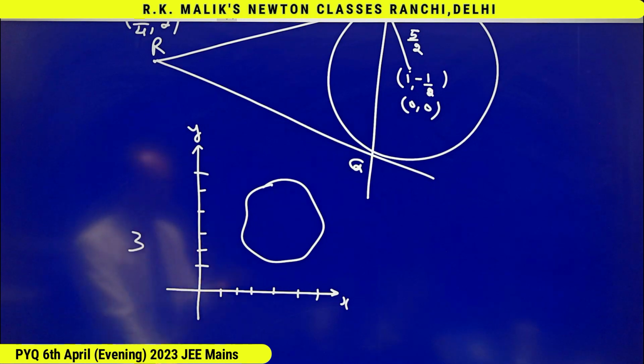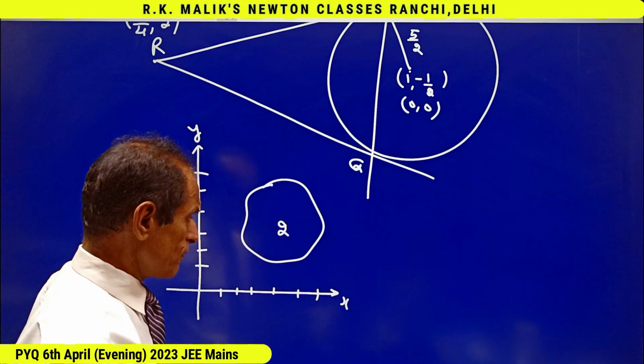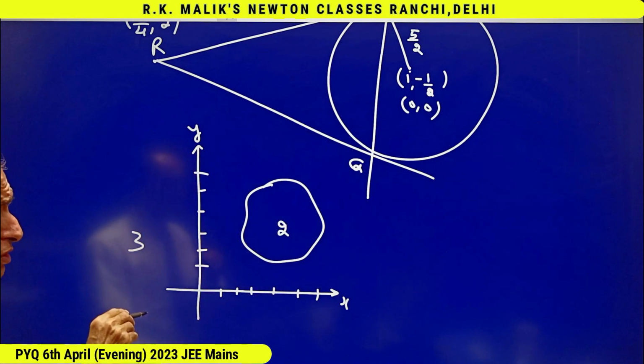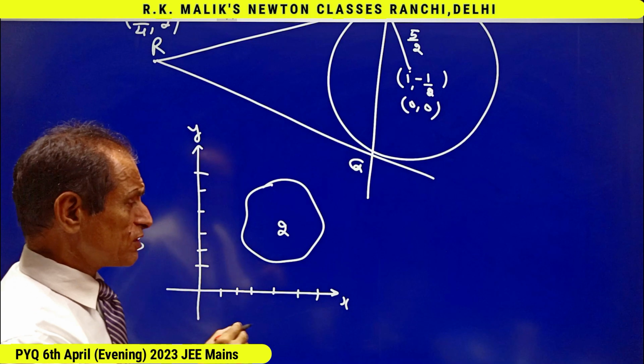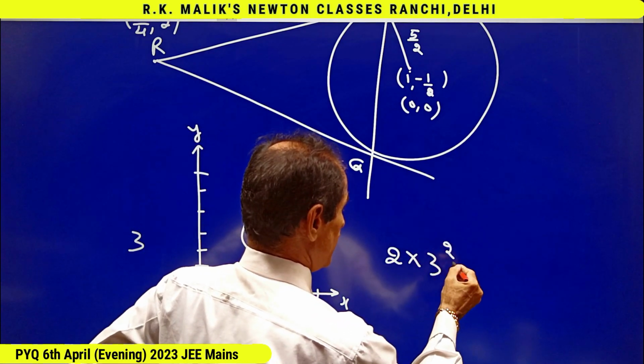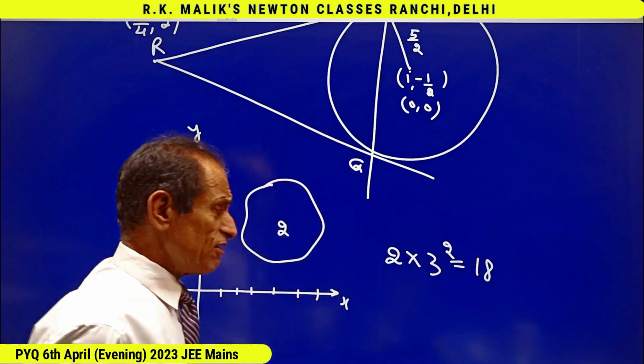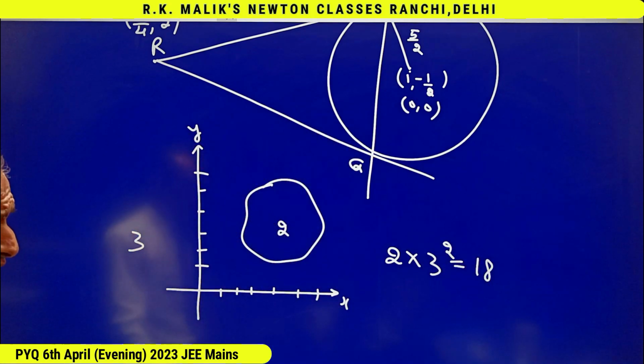Then according to new coordinate system, if I find the area of something as 2, then in the old coordinate system the area of this will become 2 into 3 square. Take care, 3 square will come, that is 18 will be the original area according to the old or given coordinate system. And this thing I am going to use.